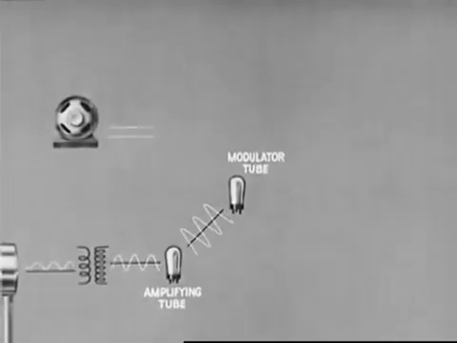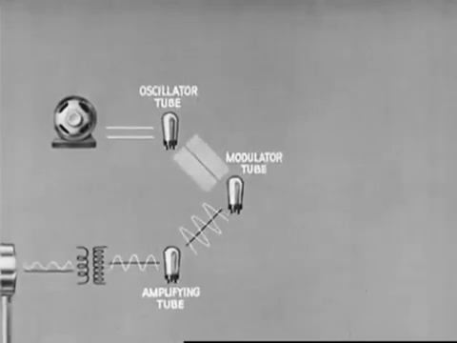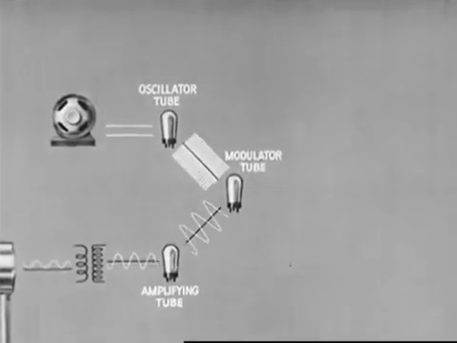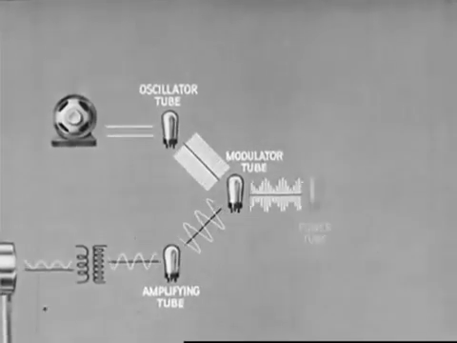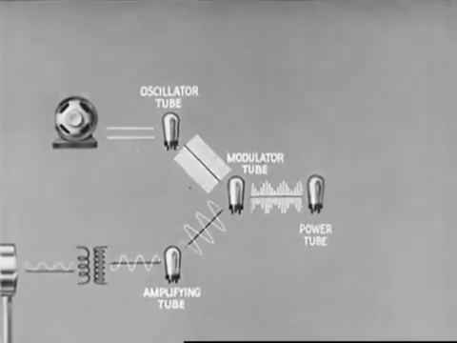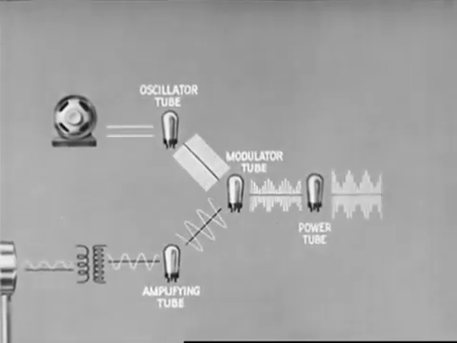A generator delivers a direct current which the oscillator tube changes to a high frequency current, which is fed into the modulator tube, where it is modified by the audio frequency current coming from the microphone. The modulated current is boosted by the power tube, which is coupled to the antenna.